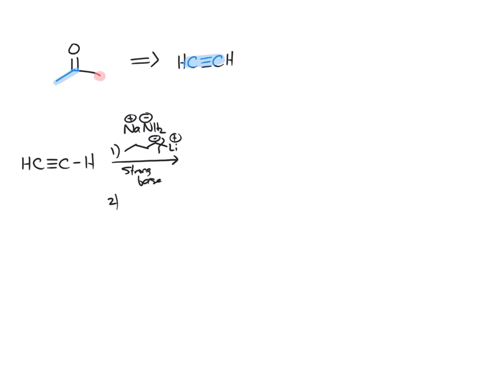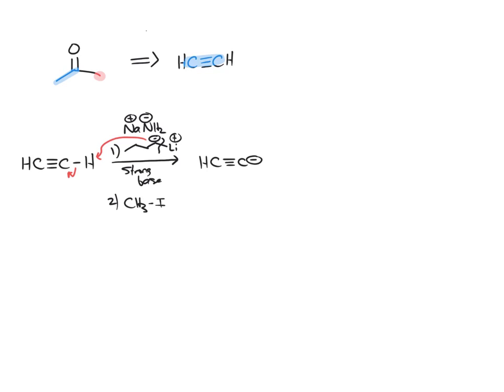And then we want to add 1 carbon, so let's just use iodomethane. So step 1, we deprotonate that to get the acetylide ion. So we get C minus.